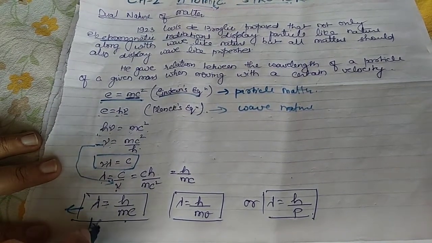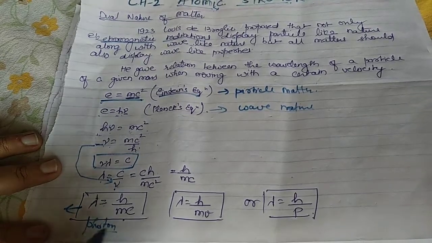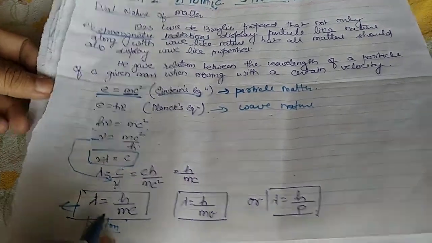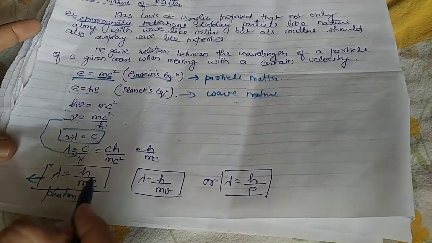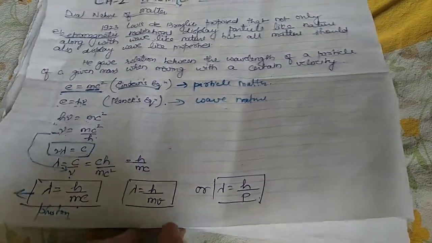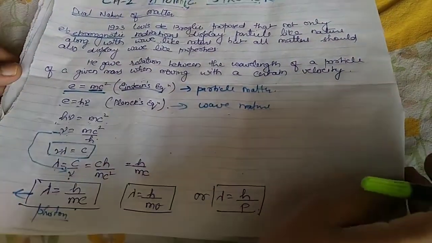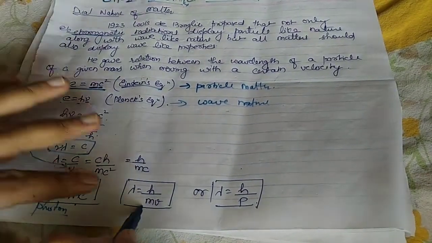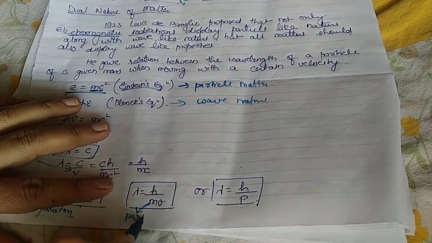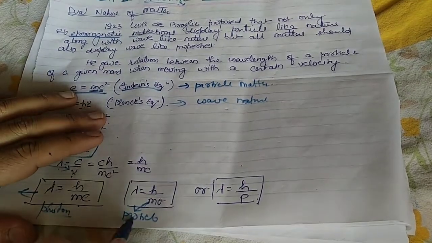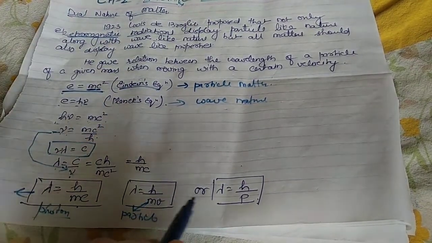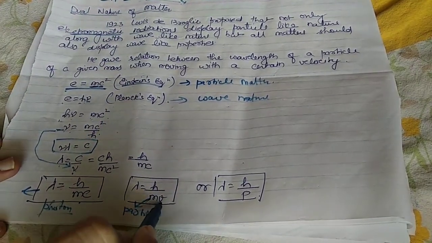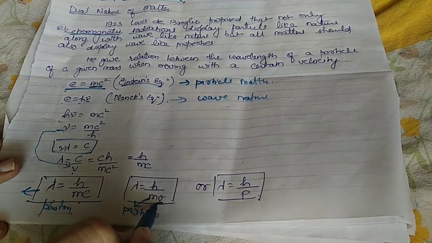That is for a photon, because the photon moves with the speed of light. This is for a photon having mass m. Now, lambda is equal to h upon mv is for any particle of mass m moving with velocity v.